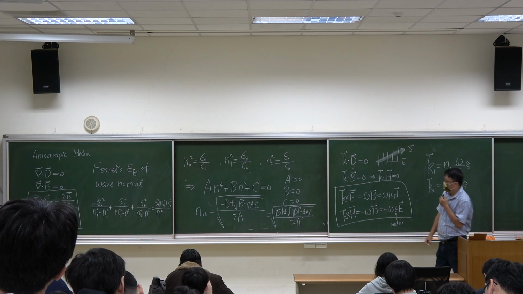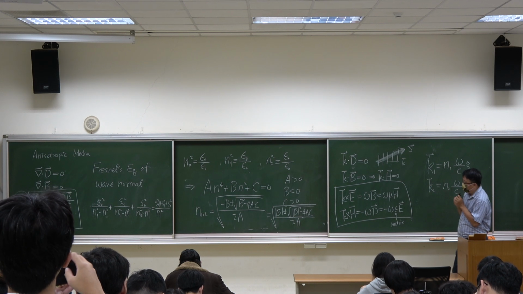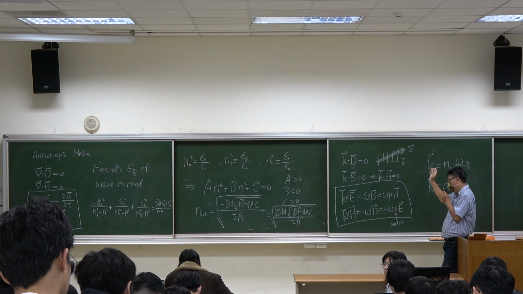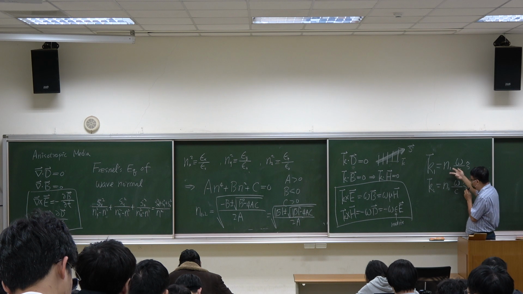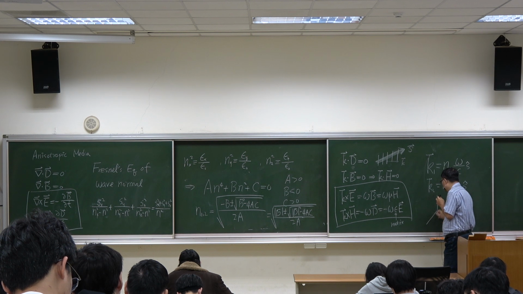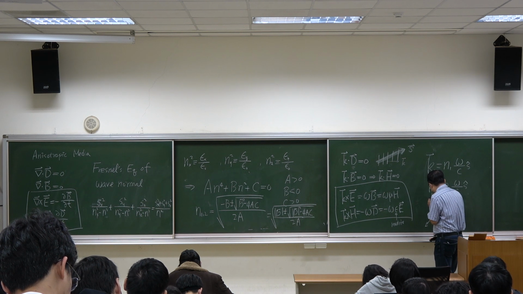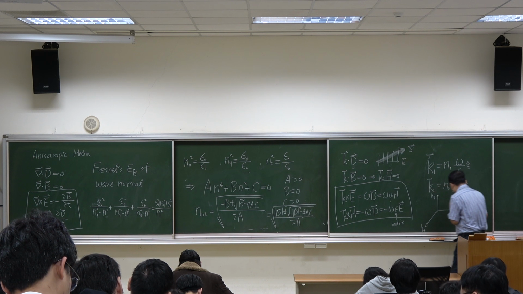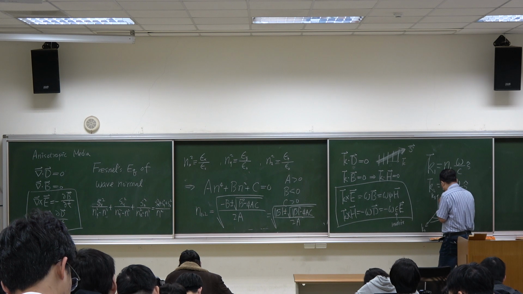K1 and K2. This means that for a given frequency, if you plot all possible propagation directions and all possible refractive indices, you will find a structure, a surface that looks like this.